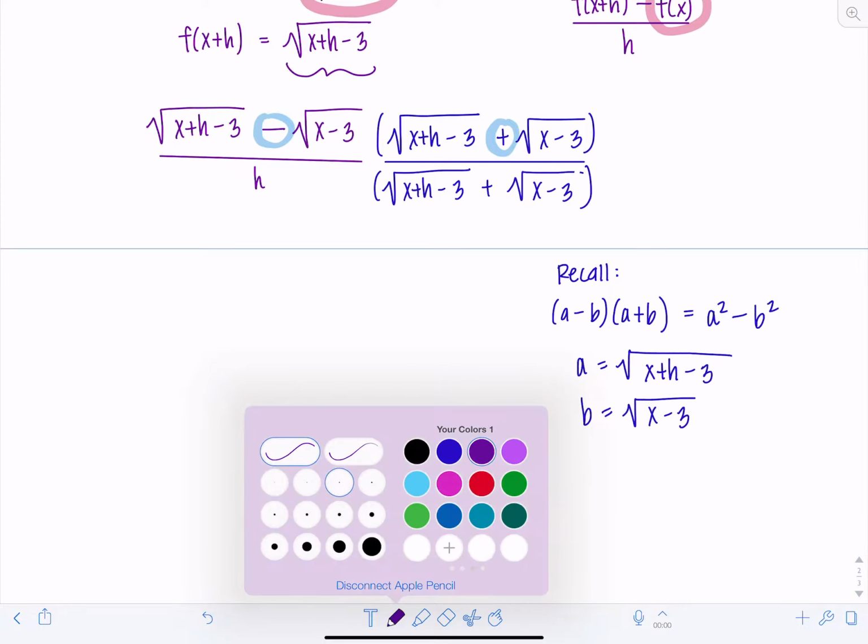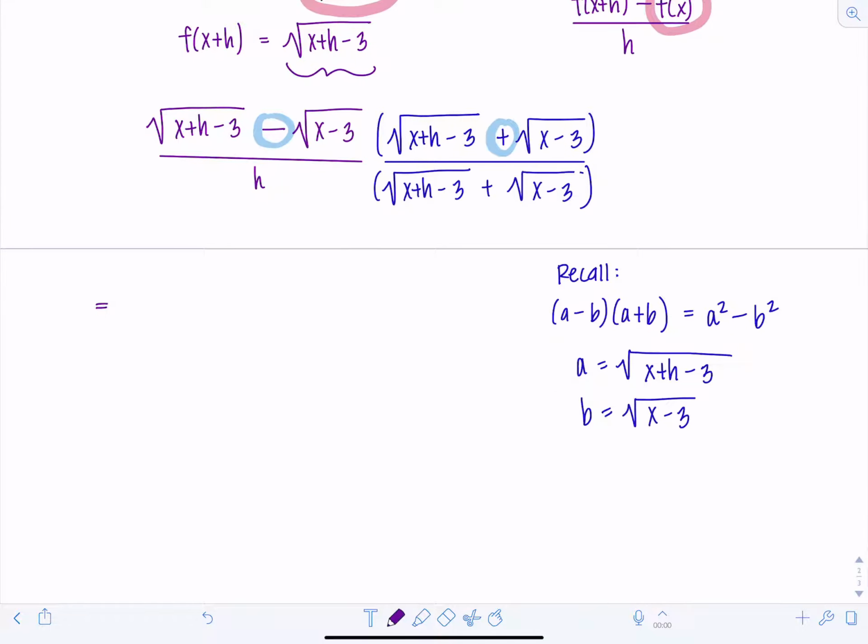So simplifying in the next step, my difference of squares in the numerator is going to give me x plus h minus 3, since that's a squared, minus b squared, so rad x minus 3 squared is just x minus 3. Make sure you keep those parentheses there.